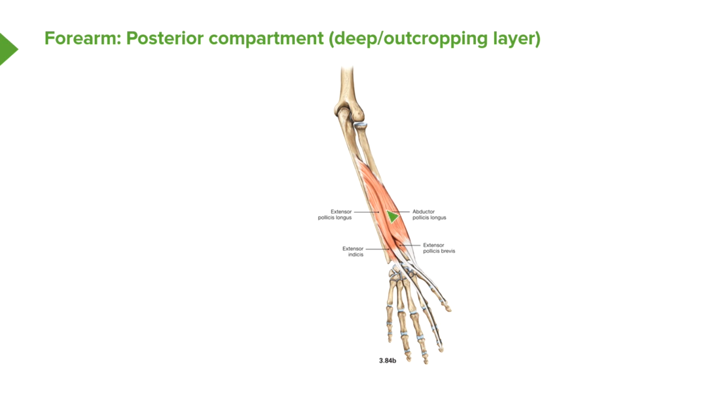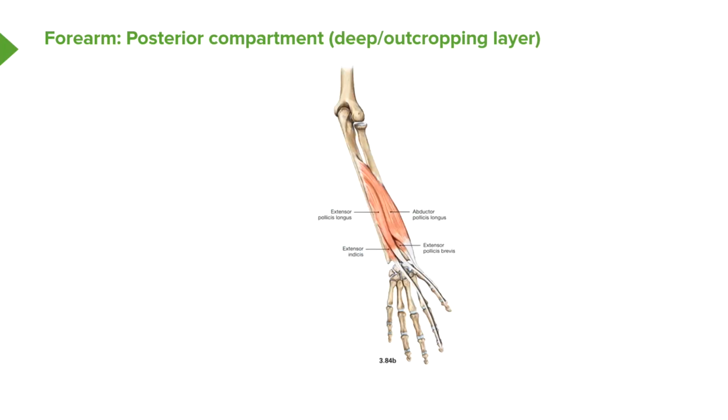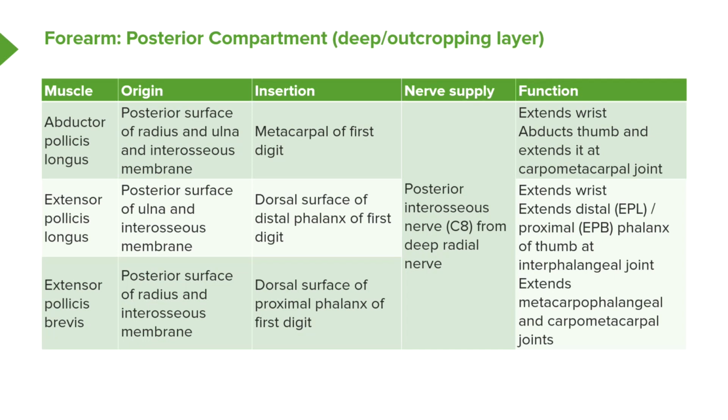So these are passing from the forearm, going across the wrist, and attaching to features on digits 1 and 2. So if we look at abductor pollicis longus, we can see here it is passing all the way to the metacarpal of the 1st digit. It's coming from the posterior surface of the radius and the ulna, and also the interosseous membrane, so it has a widespread origin, and it inserts at the metacarpal of the 1st digit.